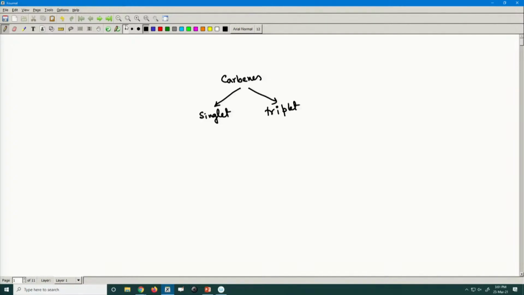Among singlet and triplet, this depends totally upon their electronic structure. Now, the nature of the ground state depends on the relative energies of the two non-bonding orbitals. Okay. So, the main thing is the relative energies of the two non-bonding orbitals.